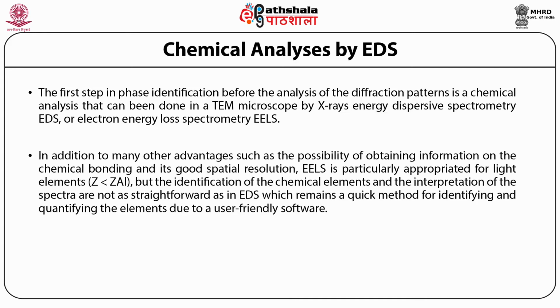In addition to many advantages, such as the possibility of obtaining information on the chemical bonding and its good spatial resolution, EELS is particularly appropriate for light elements, that is, atomic number less than the atomic number of aluminium.